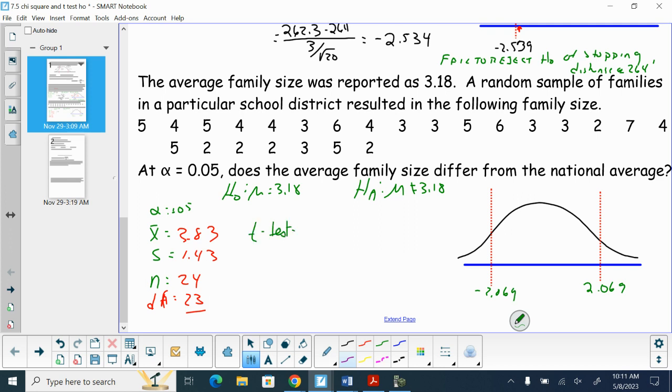We have our test value, x bar minus mu divided by standard deviation divided by square root of n, which is 24. Make sure you get 24 in there.